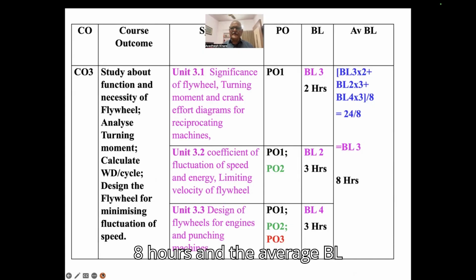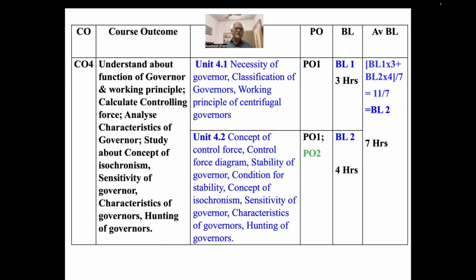And the average BL level is given in the last column as BL3 into 2 plus BL2 into 3 plus BL4 into 3 divided by 8. That is BL3. Then we go to the fourth unit.